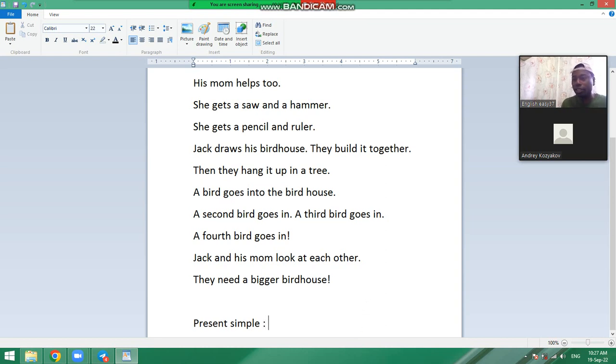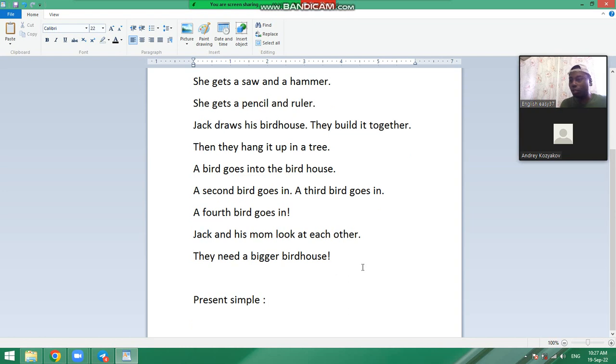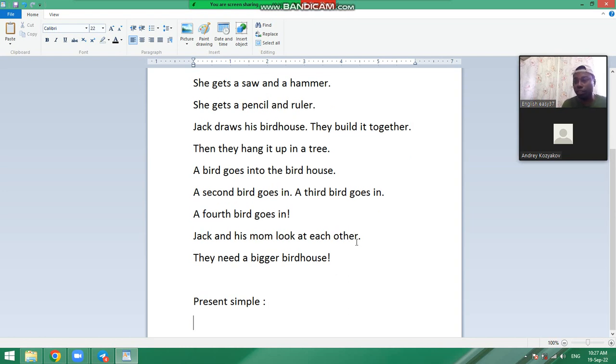Now, present simple is not present continuous or present progressive. Present simple is an action that is carried out regularly. What does that mean?